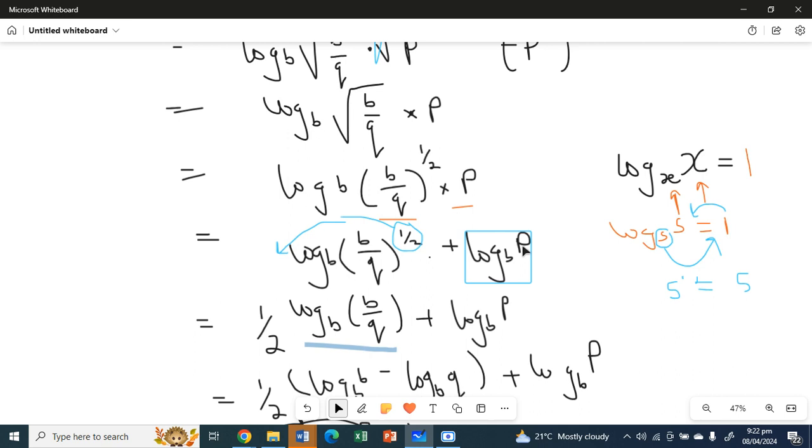Next, since we see log b over q has got an exponent attached to it, we can apply the power rule so that we get rid of the exponent. As you saw, that's how the half comes in front.